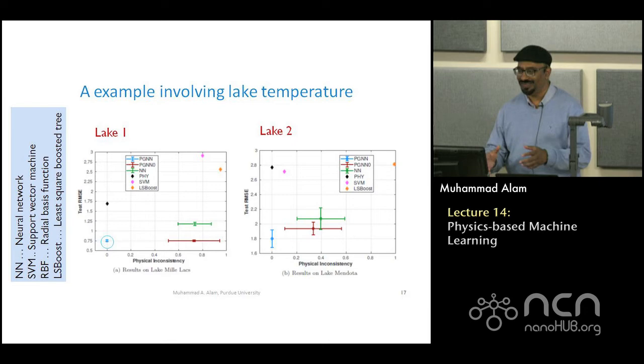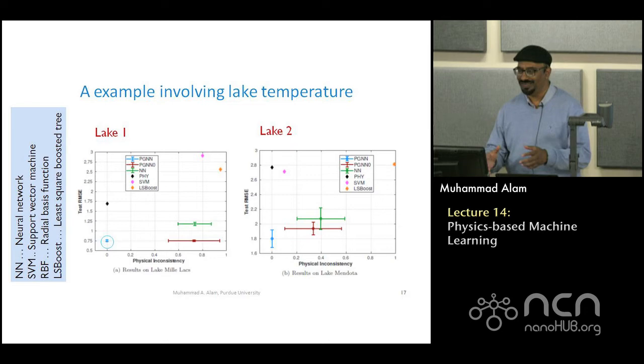What you are seeing here on the y-axis is test RMSE. What is it? Root mean squared error, right? Square root of all the loss function that you have, whatever is the residual. So that's what you have.